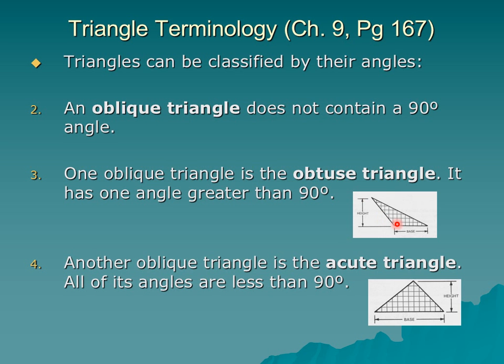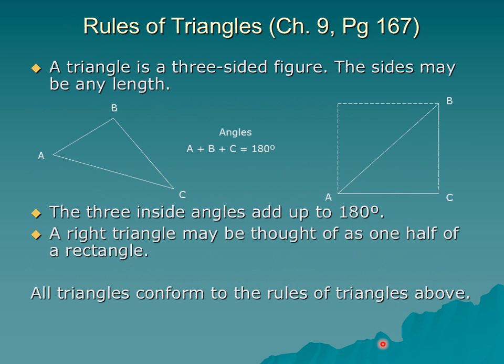For example, this angle is more than 90, right? Similarly, you can have an acute triangle where none of the angles are more than 90. But no matter what properties they have, they always have one single property: all the angles add up to 180 degrees, no matter how you classify the triangle.